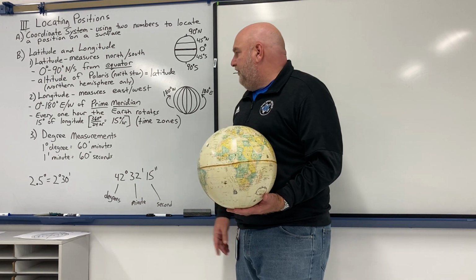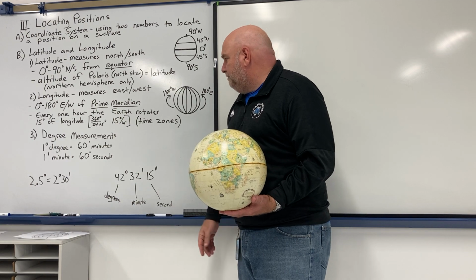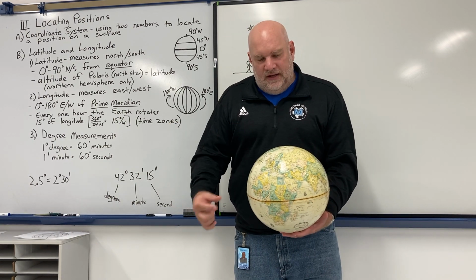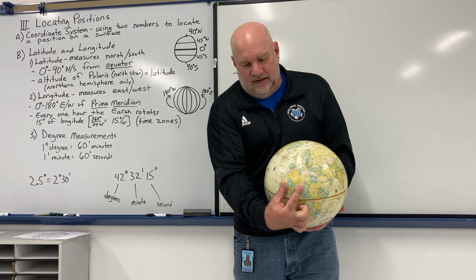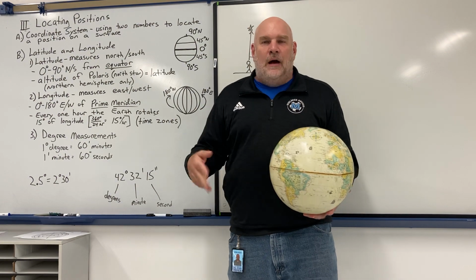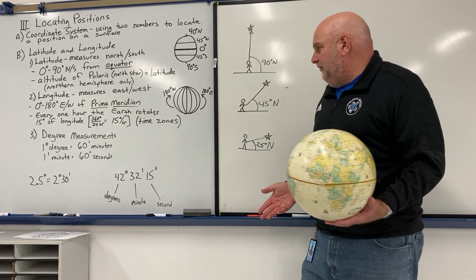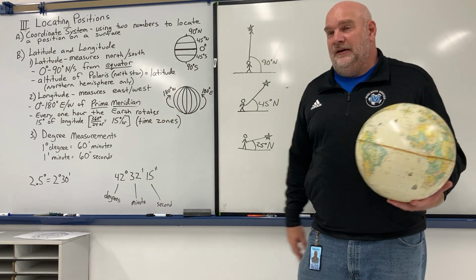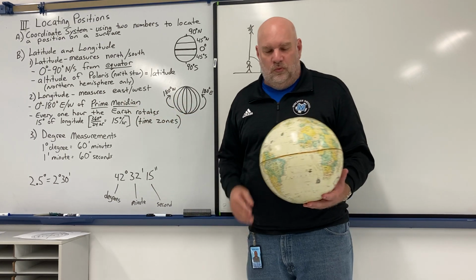So the Earth rotates 15 degrees of longitude an hour, and that's roughly where the time zones come from. Roughly every 15 degrees of longitude on a globe is a different time zone. It's not perfectly 15 degrees because, if it was up to scientists, it would be exactly 15 degrees, but there are political concerns as well.